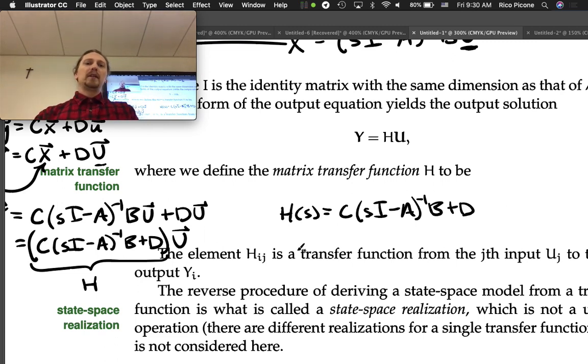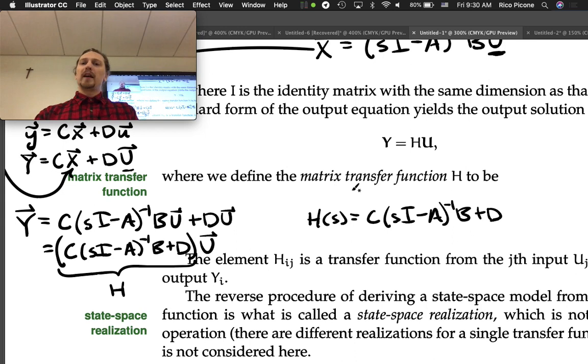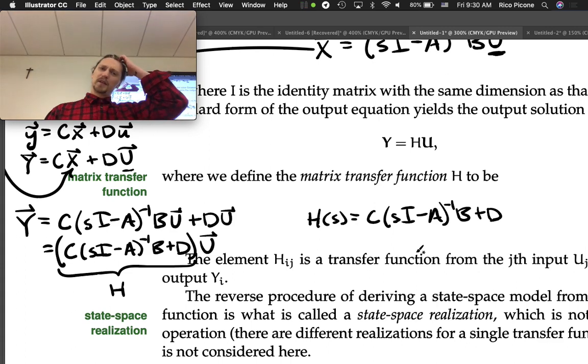Why did we call this H? We define the matrix transfer function to be H. So it's definitely a matrix. It's not exactly like the previous definition of the transfer function, because the previous definition wasn't a matrix definition. It was just scalar. So why do we feel justified calling this the transfer function, do you think?